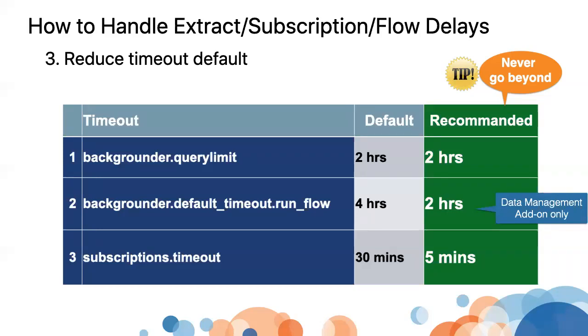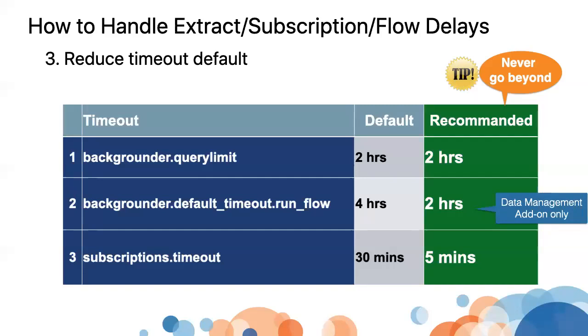Second thing is the subscription timeout. By default, it's 30 minutes. That's way too long. I have 5 minutes. I think I can reduce it to 3 minutes, but right now it's 5 minutes. I recommend 5 minutes, not 30 minutes.